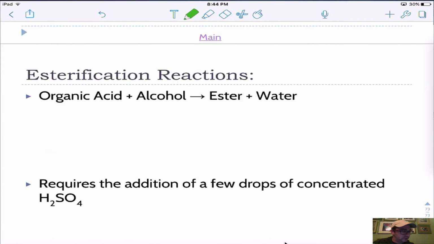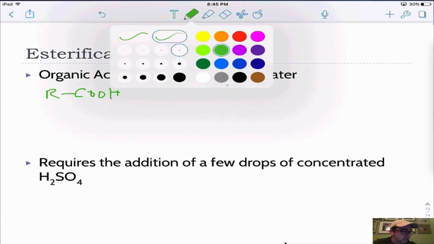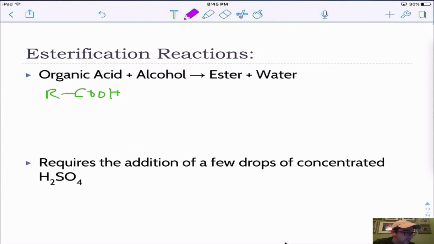One last thing I want to talk to you about is esterification reactions. So we've done this in class. We made esters, and you need to know, not the mechanism, just the overall reaction. An organic acid with the COOH group and an R here will react with an alcohol that has its OH.